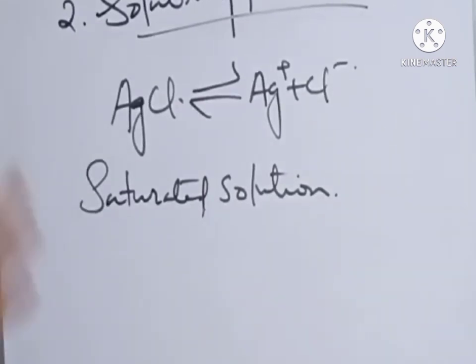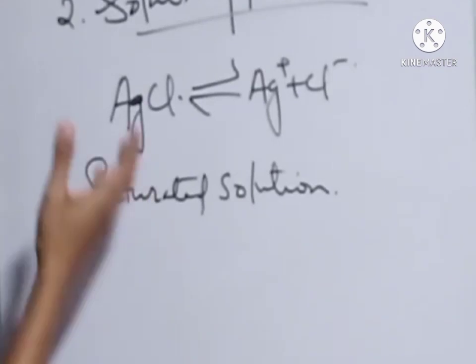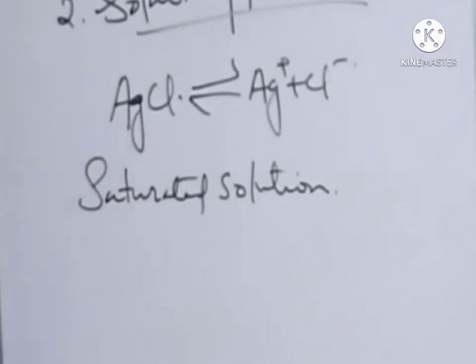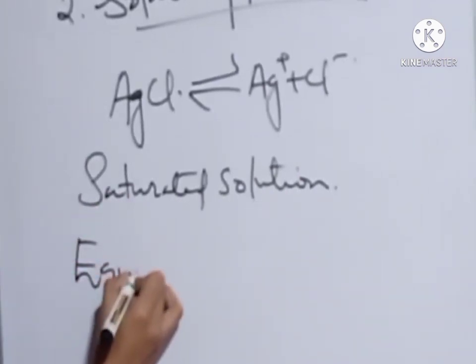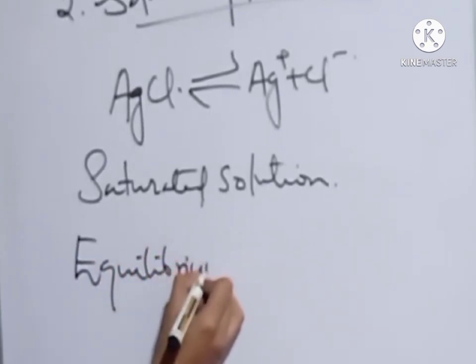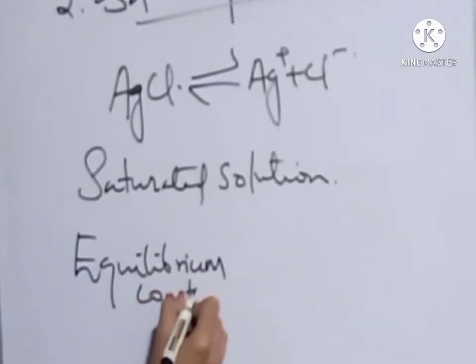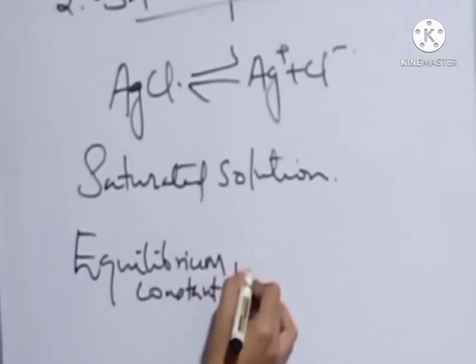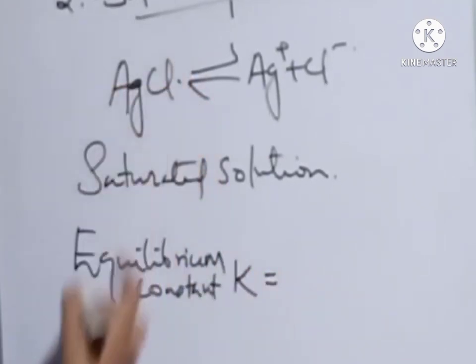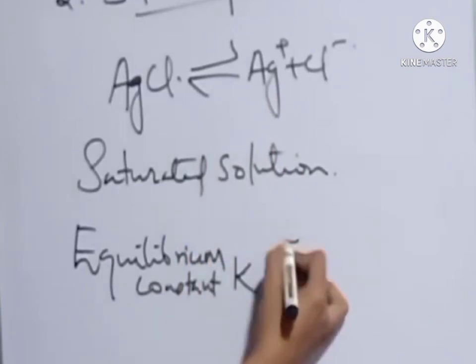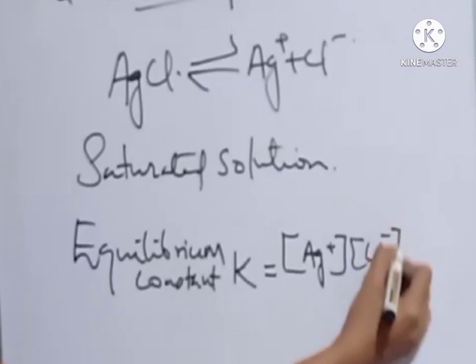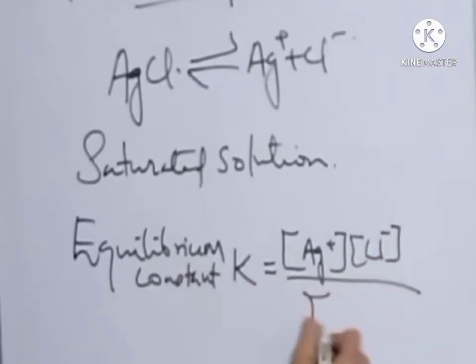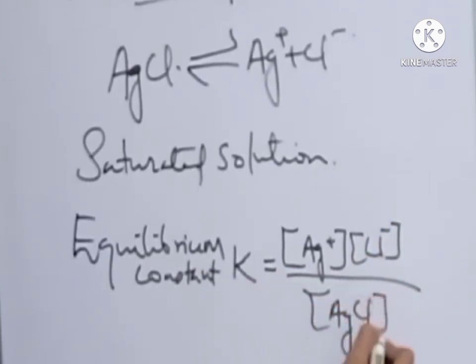In a saturated solution, there is an equilibrium between the undissociated silver chloride and the dissociated ions. The equilibrium constant K of this reaction is the concentration of the ions Ag plus and Cl minus divided by the concentration of AgCl.